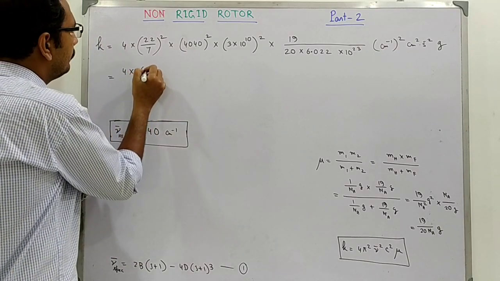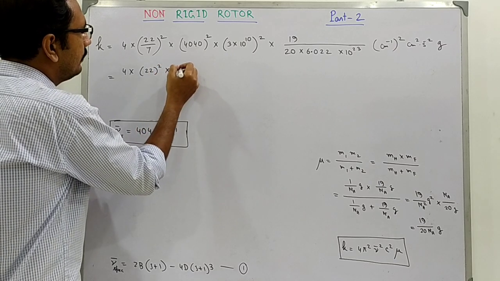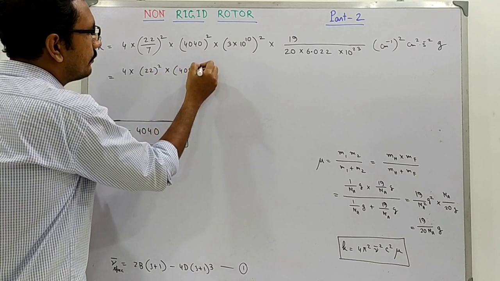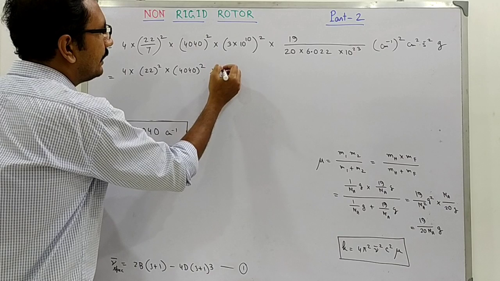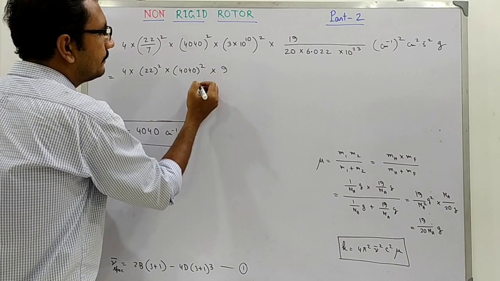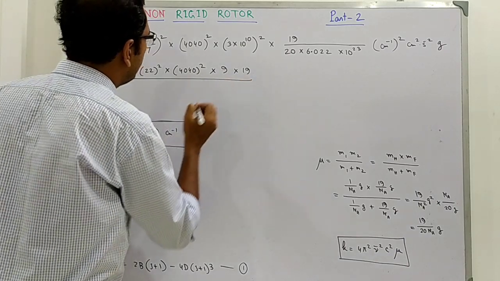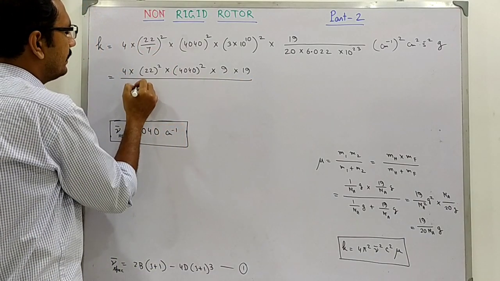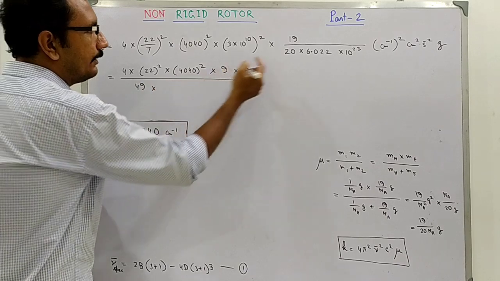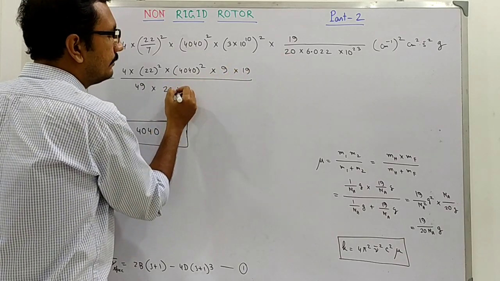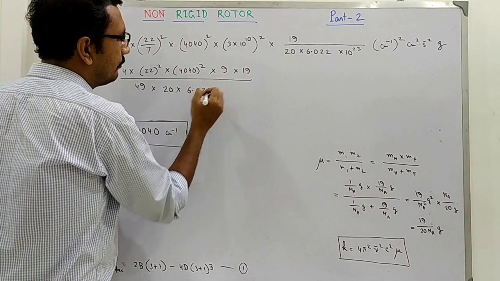Four into 22 square into 4040 square into here it is 19, and in the denominator we will have 7 square, that is 49, into here it is 20 into 6.022.